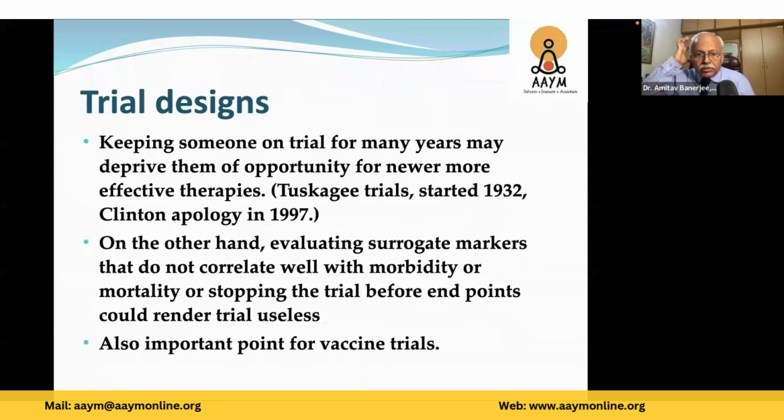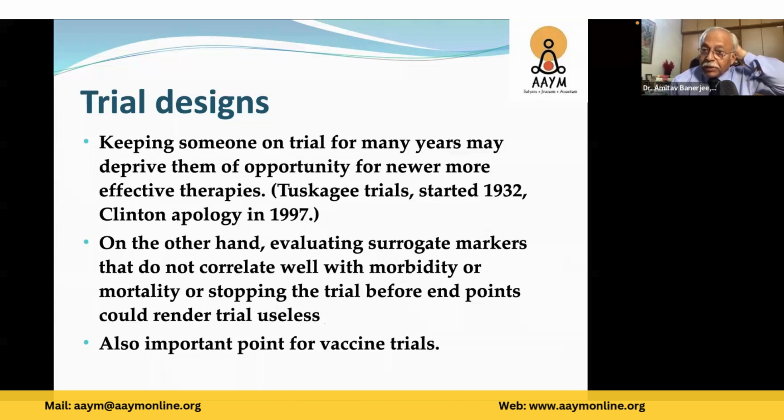So, trial designs. Now we are coming to the Tuskegee trials, which was a landmark, because after the Nazi atrocities everything came up, the Nuremberg Code and all that. Then in 1964, the Declaration of Helsinki.